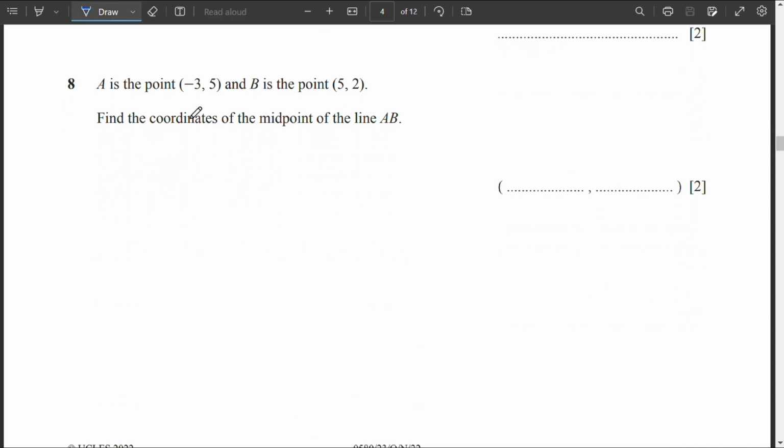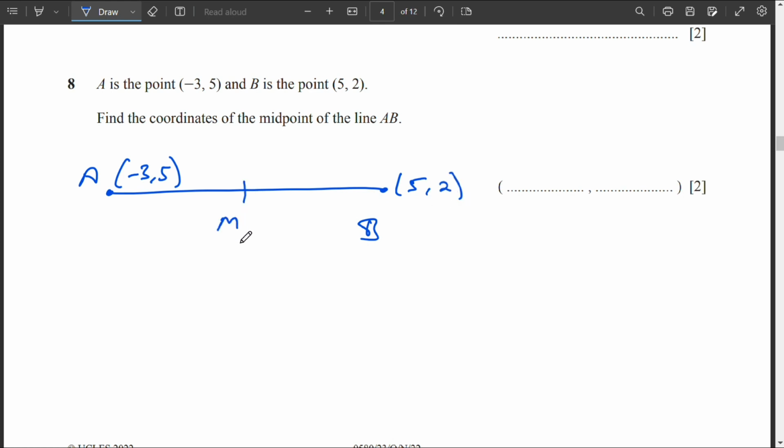See, A is the point minus 3, 5. B is the point 5, 2. Find the coordinates of the midpoint of the line AB. See, just take point A as minus 3, 5 and point B as 5, 2. Now consider point M to be the midpoint whose coordinates are x, y.